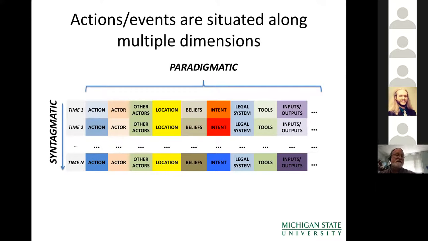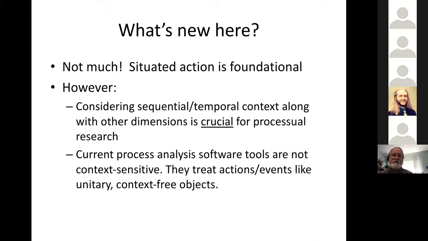If you're into structural linguistics, you might recognize the syntagmatic dimension, the sequence and order, that's the vertical dimension here, and the paradigmatic dimension, which is what else could have happened in context. This is a foundational thing. There's nothing new about this. This is just the idea of situated action.